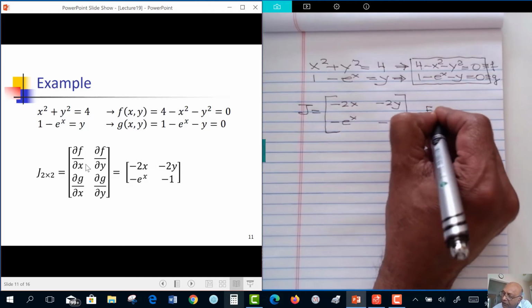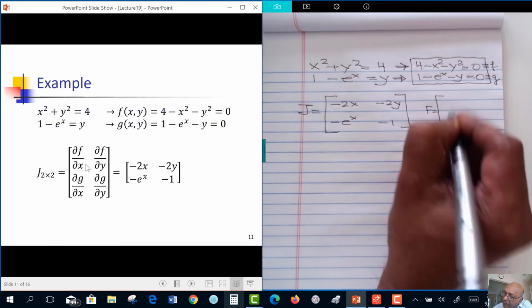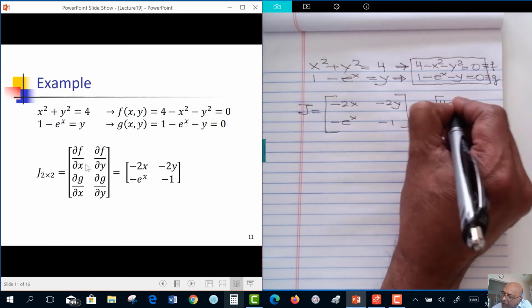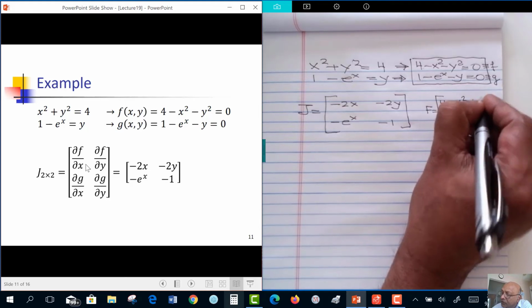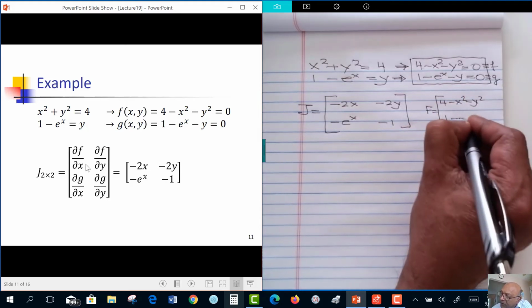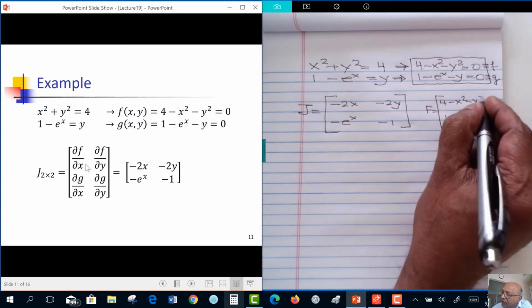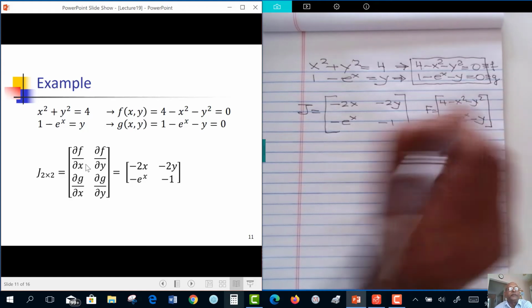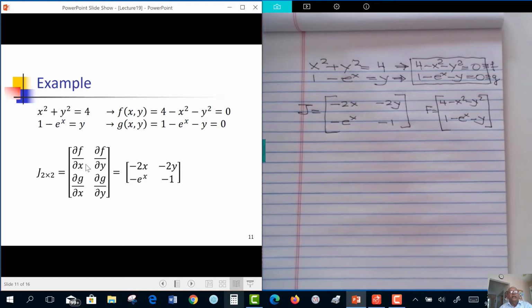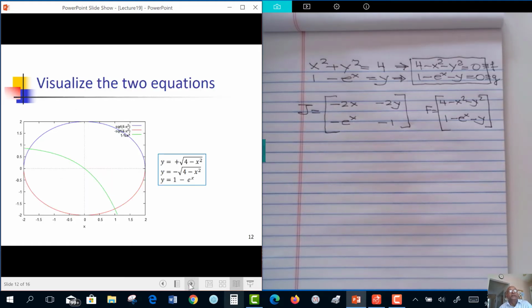And remember, our function is 4 minus x square minus y square, 1 minus e to the x minus y. Okay, so we have our Jacobian, we have our function. All we need is an initial guess.